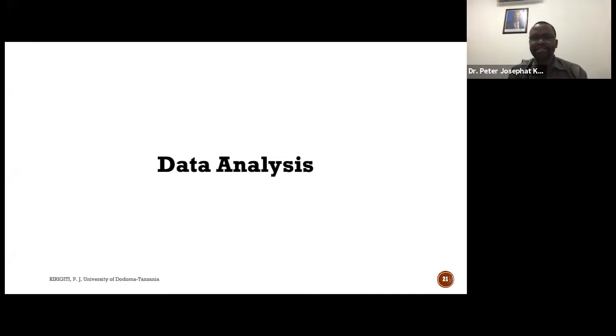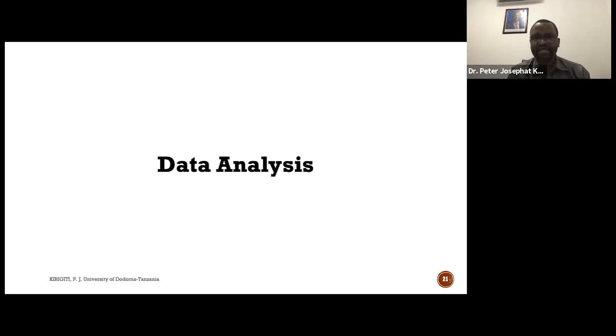Now let us see how data analysis corresponds to what we have discussed. We have discussed whether the data is numeric or qualitative, whether the variables are on a nominal, ordinal, interval or ratio scale, and the issue of sample size consideration.